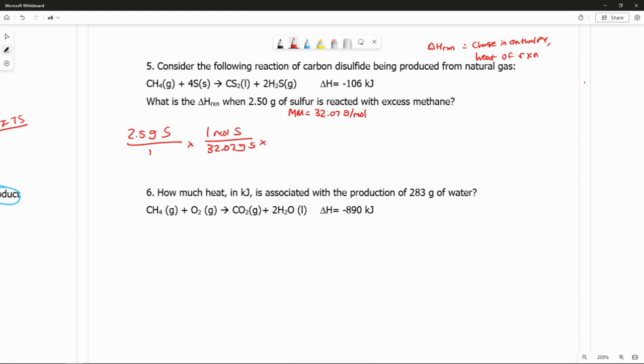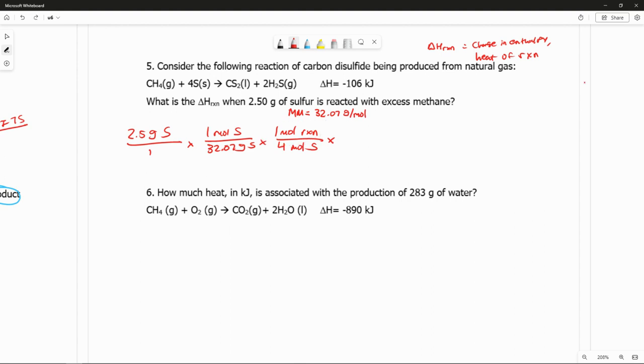Based on our stoichiometry experience, we know that for every 4 moles of sulfur, we're going to have 1 mole of the whole reaction. Basically, this means that for this one reaction to take place, we need 4 moles of sulfur. And if we have 4 moles of sulfur, we can have 1 mole of the reaction. That is the special part about thermochemistry dimensional analysis.